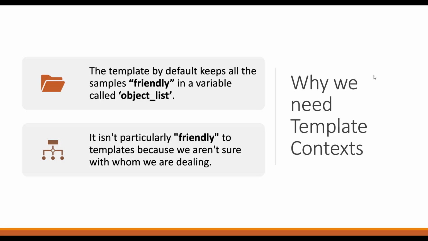So by passing the object_list, you can't guess with whom I am dealing. This object_list is a name of a user, name of a book, or name of a hospital, or any other record. So to just know with whom we are dealing, we use the concept of the template context.